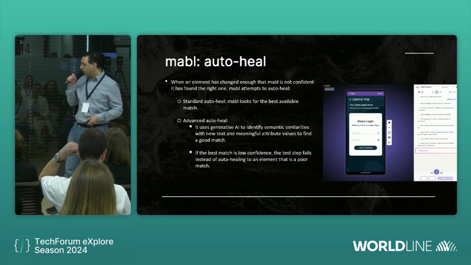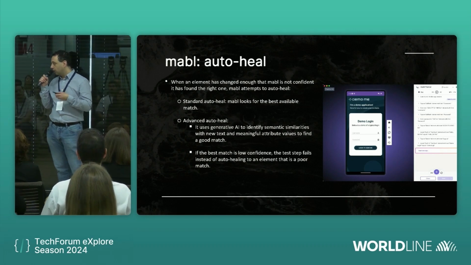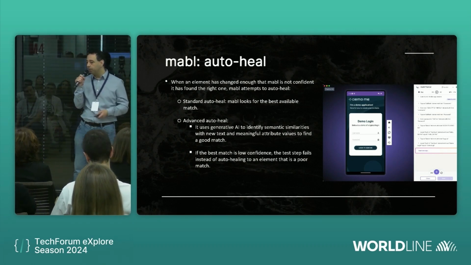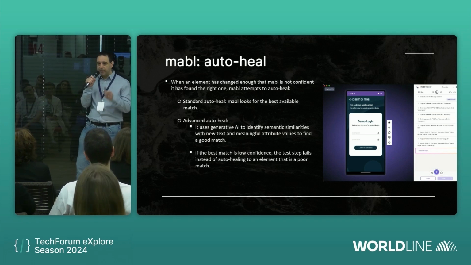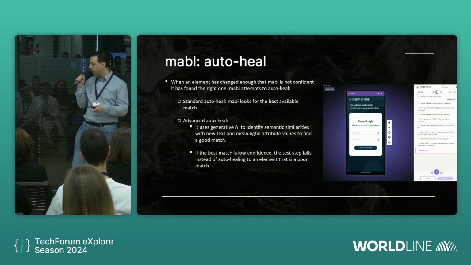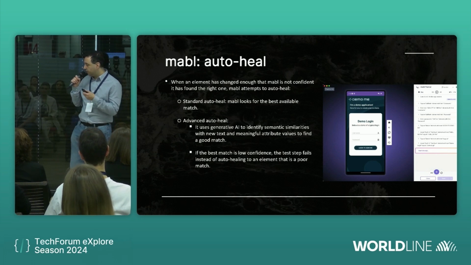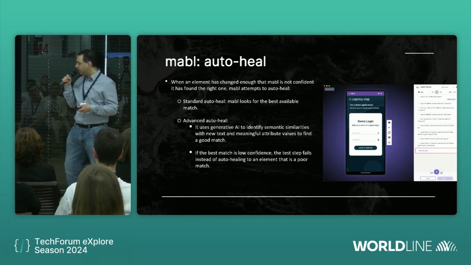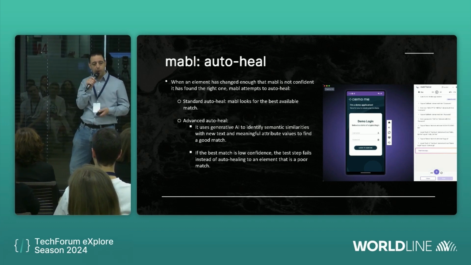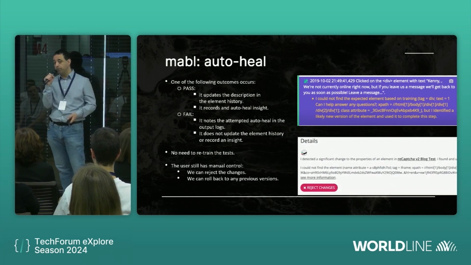This is a very basic approach, and if it doesn't work, it tries to do a thing which is a little bit more complex. It uses AI to, maybe with semantic similarities or looking at the attribute values, trying to find a better solution. If it still fails, well, if it's not confident enough that it has found the right element, it fails.